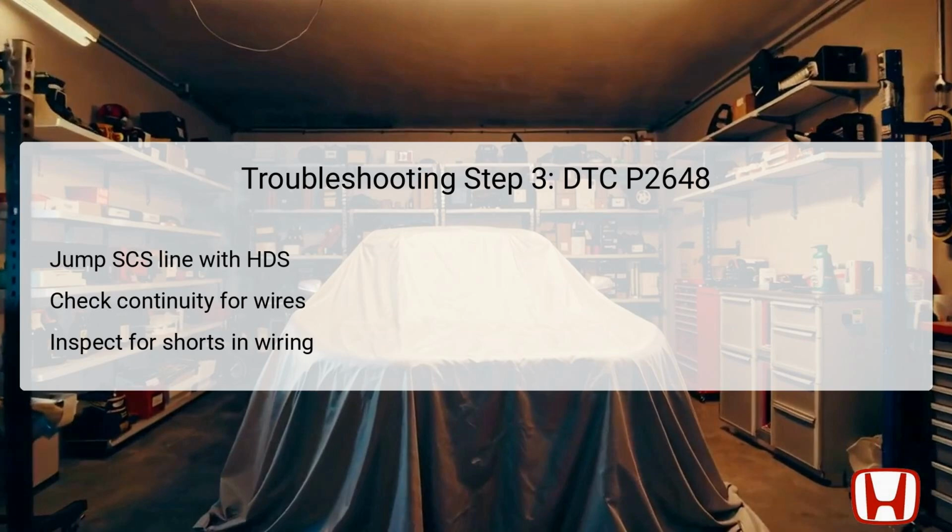If continuity exists, it indicates a problem with the wiring in the VTSB1 line between the solenoid and the PCM. Conversely, if no continuity is found, it signifies that the wiring is intact, prompting further investigation into other potential issues, such as substituting a known good PCM.